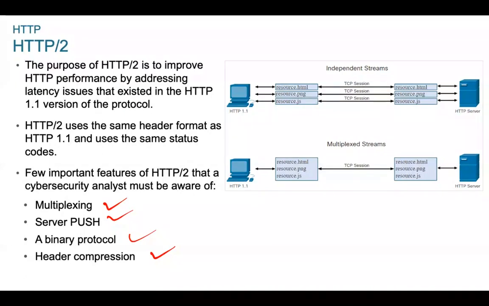Another feature is the binary protocol. In HTTP version 1, commands such as requests from client to server are made in text format, whereas in HTTP/2 they have shifted to using binary commands. This overcomes some of the cumbersome issues with the former version, so request and response overhead is lower.